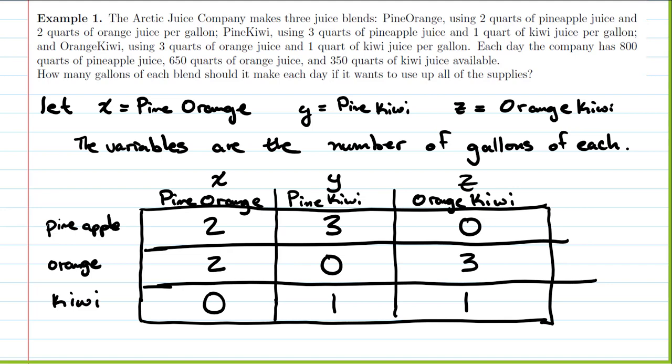So we put the rates in the box. And what I mean by that, when I put 2 in the pineapple row in the orange column, that means for each gallon of pine orange that I make, how many quarts of pineapple am I going to need? 2.